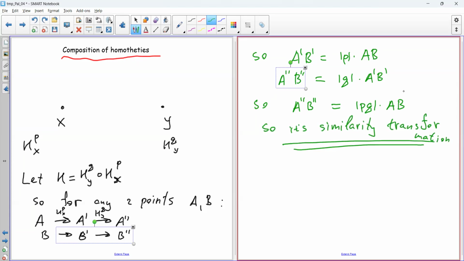And it already means that we will have all those similarities of triangles. So here we have AB, A prime, B prime, A double prime, B double prime.